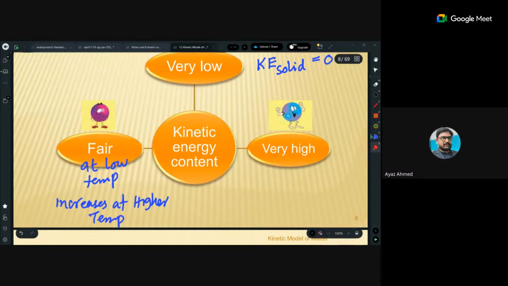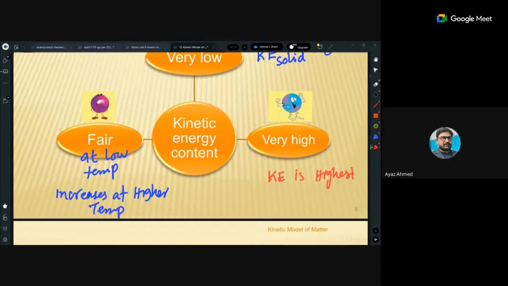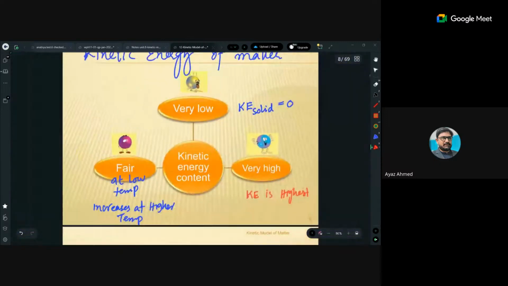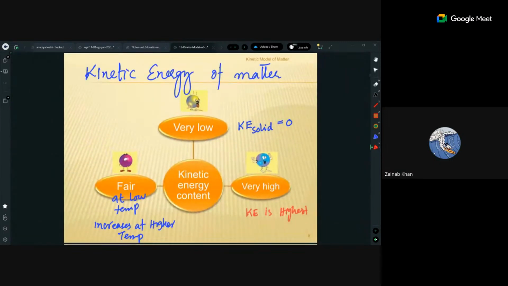And the kinetic energy of the gases is very high because they move very fast, so their kinetic energy is highest amongst the matters. Got it? Is this all clear? Sir, can you show the slide once more?